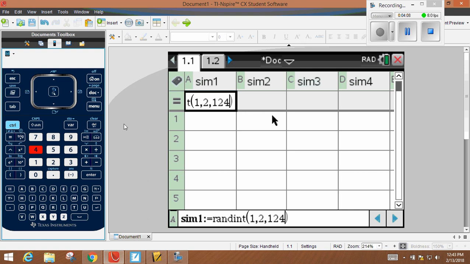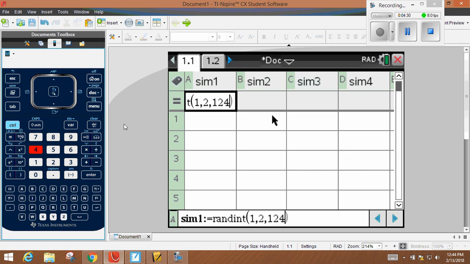Before I started this, I want to determine, this is going to represent 124 people, right? If I just choose at random whether they go to the right or to the left, I'll choose 1 as a right tilt, and 2s will be left tilts.